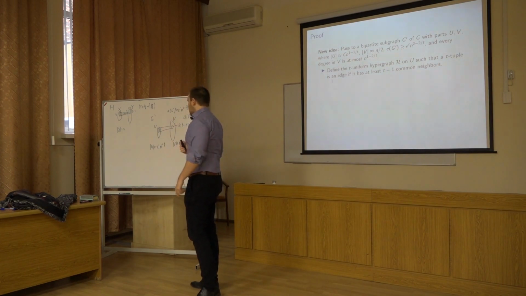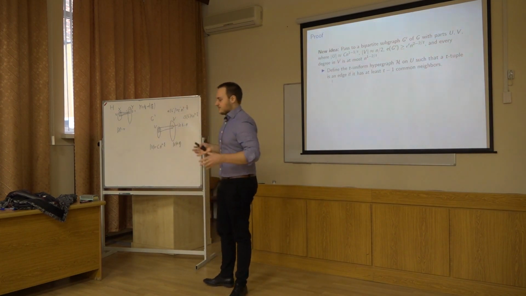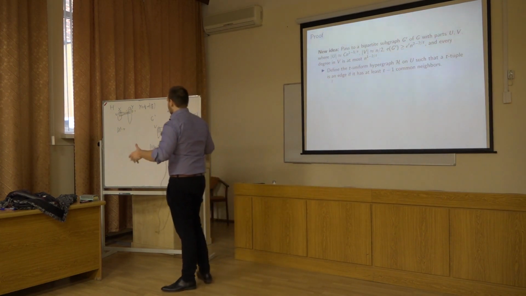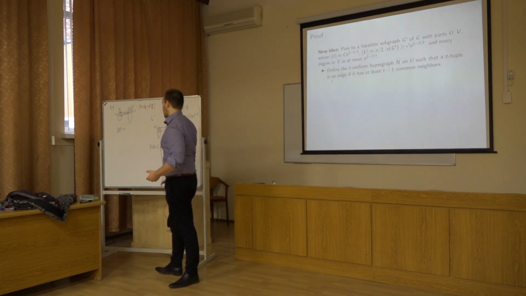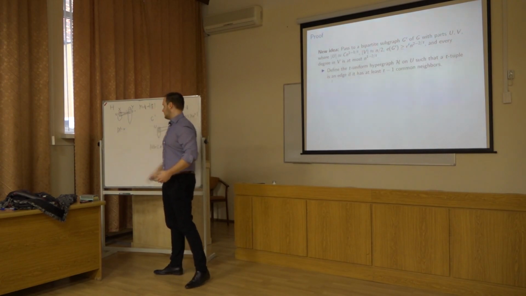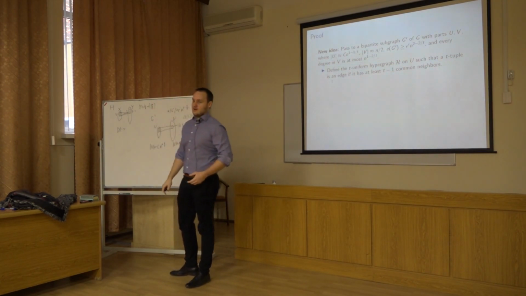Okay. So now what should be our plan roughly? Roughly we would like to find a clique of size r, the size of X, in this t-uniform hypergraph.